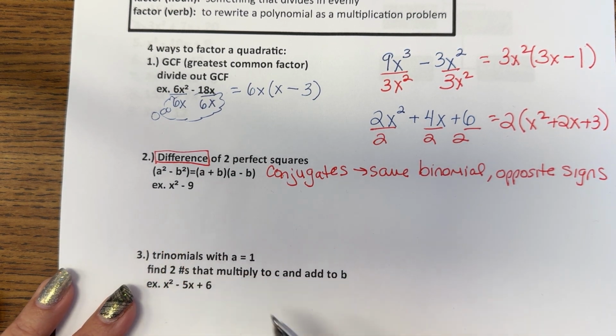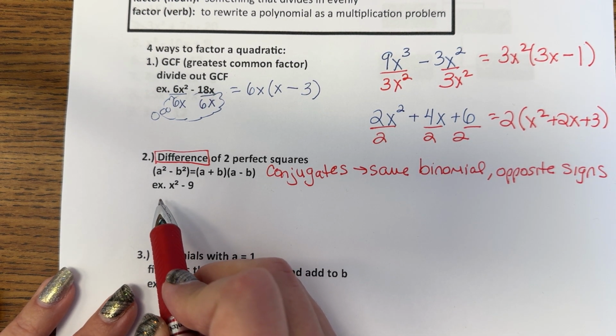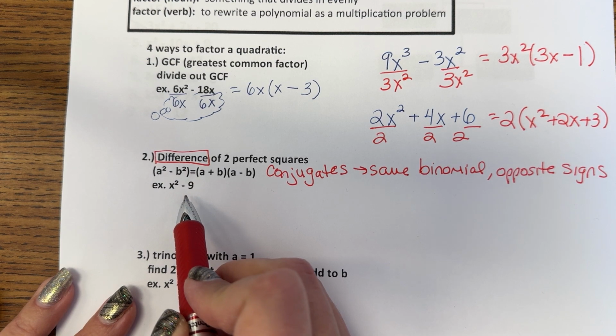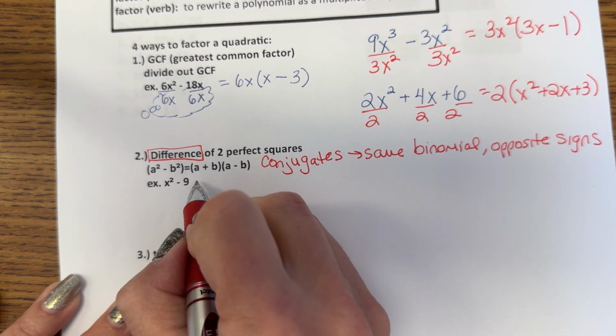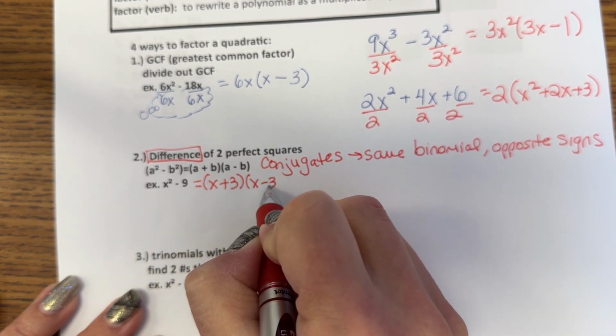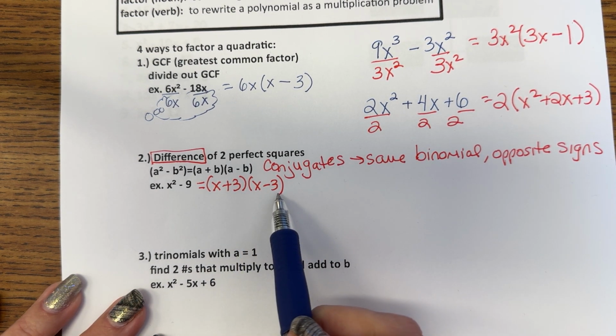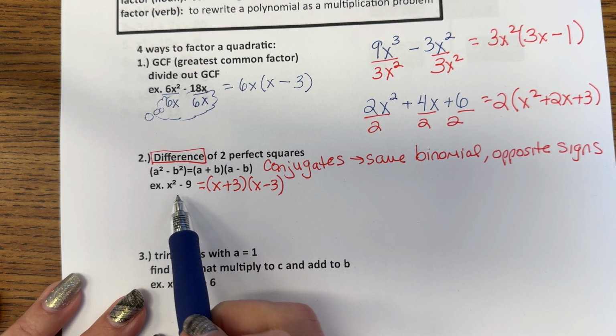So we have x squared minus 9. Is x squared a perfect square? Yes. Is 9 a perfect square? Anything times itself 9? Yes, 3. So this is going to factor to x plus 3, x minus 3. If I multiply these back together, we should get x squared minus 9.